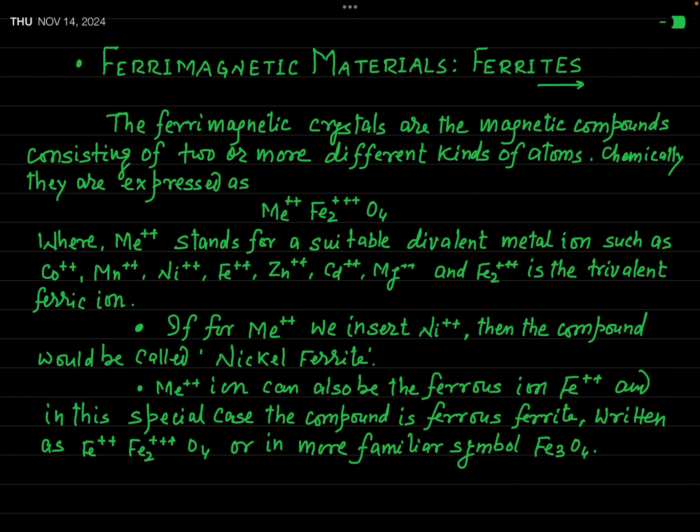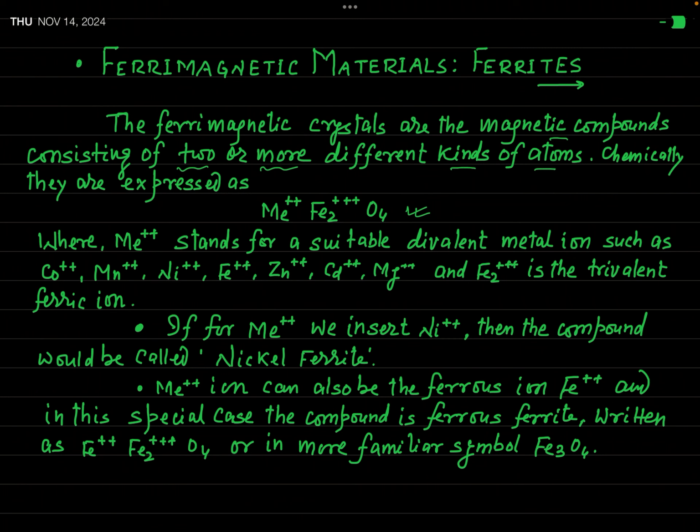Ferrimagnetic crystals are magnetic compounds consisting of two or more different kinds of atoms, and chemically they are expressed as Me2+ Fe2 3+ O4. This is the general chemical formula for the ferrites.